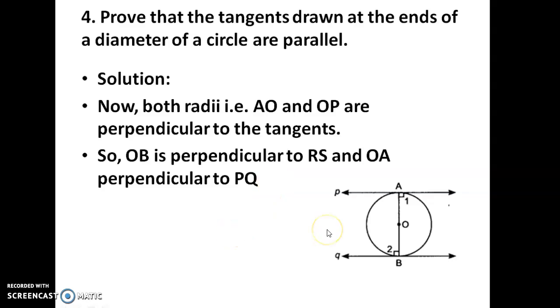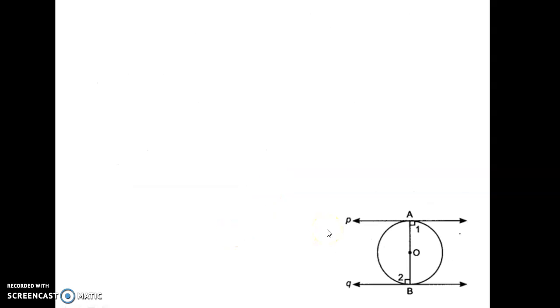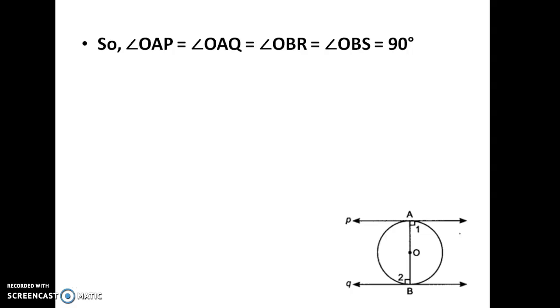So this angle, this angle, and here this angle, and here also angle 2, and this side, that is ABO, all these are having 90 degrees. Perpendicular means they are having 90 degrees.